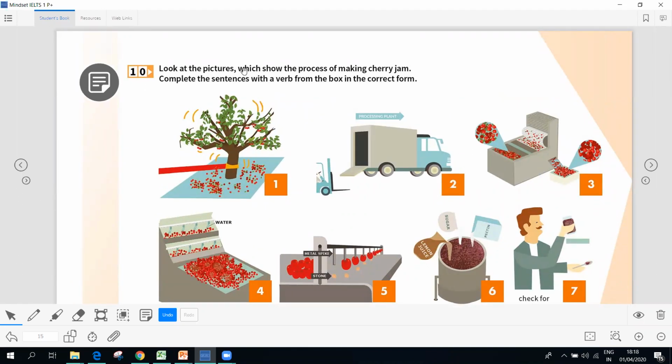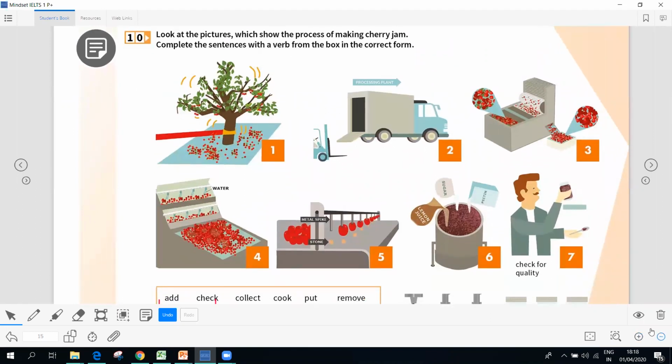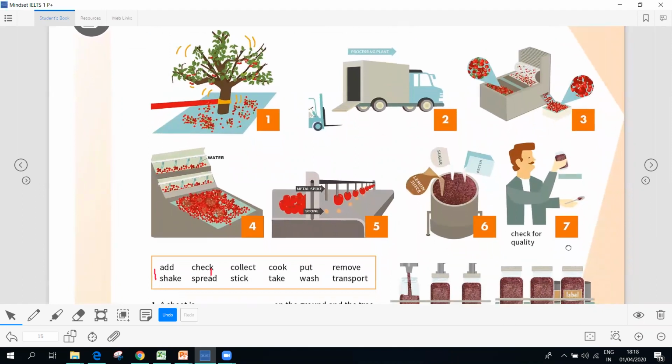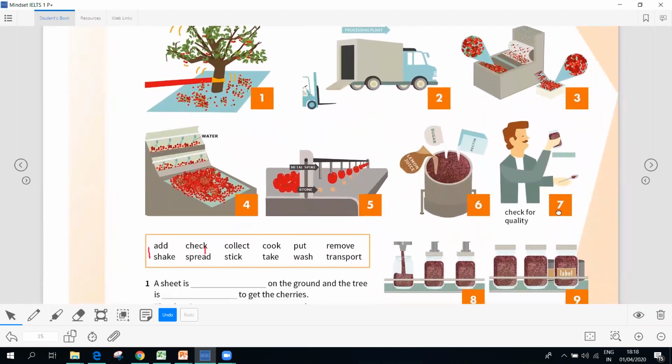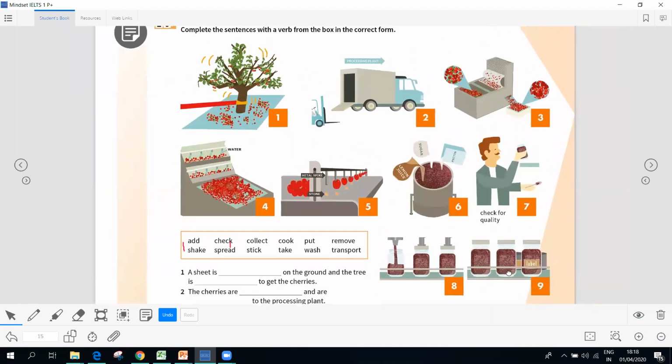Look at the pictures which show the process of making cherry jam. So I'll zoom the pictures for you. Can you see the pictures clearly? There are 9 pictures.